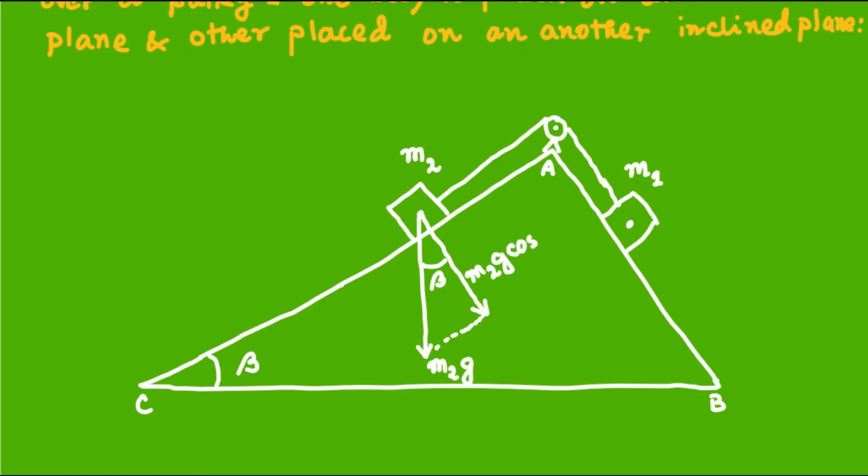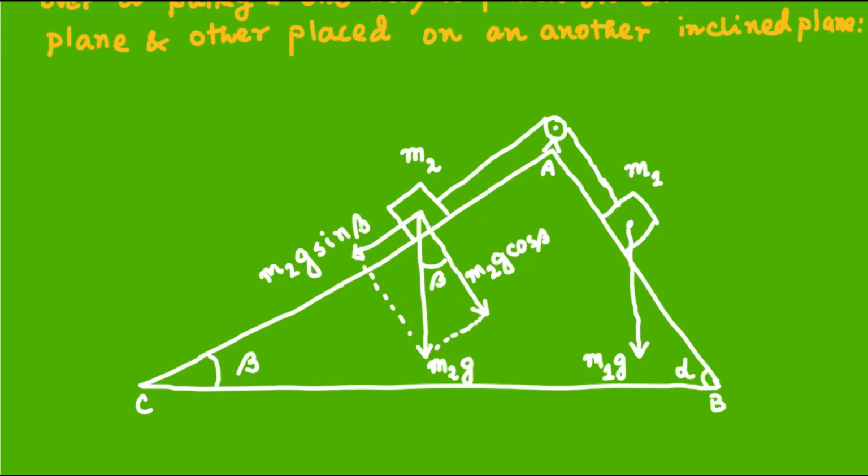This angle is beta, and we can prove that this angle will also be beta. This component is m2g cos beta, which is perpendicular to the plane AC. We can draw another right angle triangle assuming m2g as hypotenuse, and the component parallel to the inclined plane AC is m2g sin beta. So m2g cos beta and m2g sin beta are two rectangular components of the weight m2g of the block of mass m2 placed on the inclined plane AC.